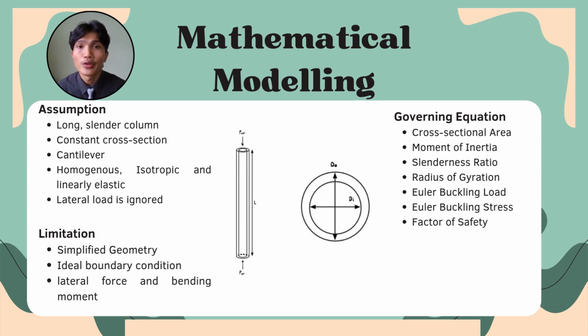Most importantly, we ignore lateral forces and bending moments caused by the wind, which are actually significant in real wind turbine operation. So, while this model gives us a conservative estimate of buckling capacity, a more complete analysis would include those additional effects. In short, this mathematical model gives us a useful foundation for understanding the risk of buckling and highlights how safety and stability are verified in wind turbine tower design.